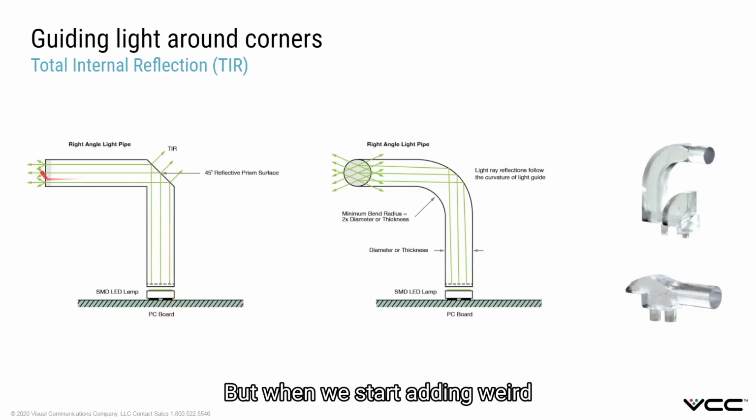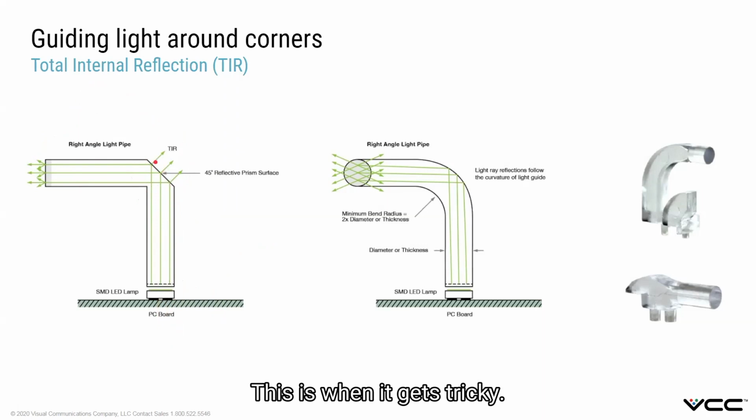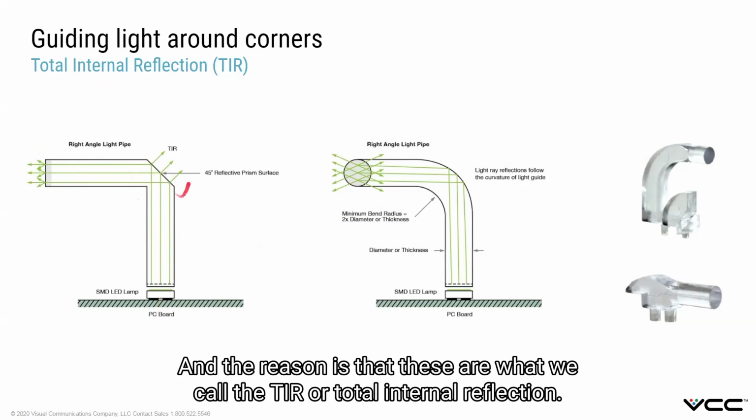But when we start adding weird shapes, like a regular right angle, this is when it gets tricky. And the reason is because this is what we call the TIR, or total internal reflection.